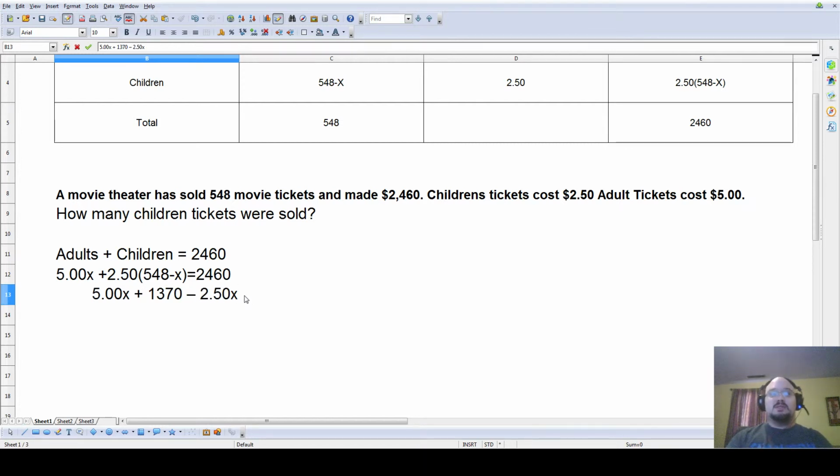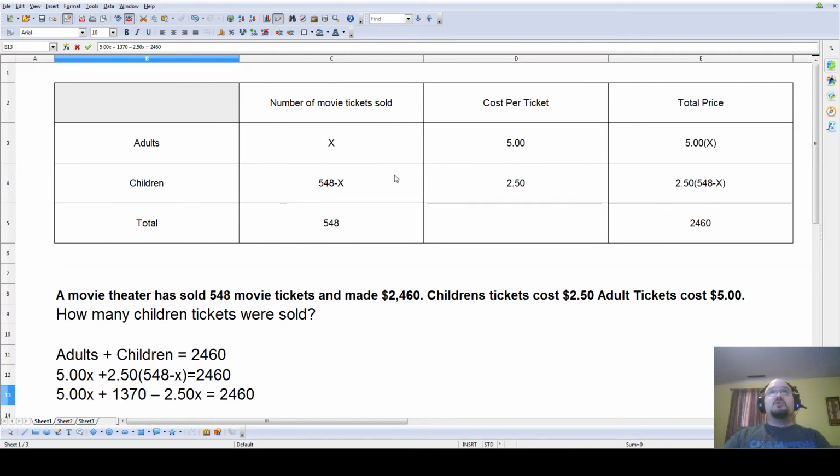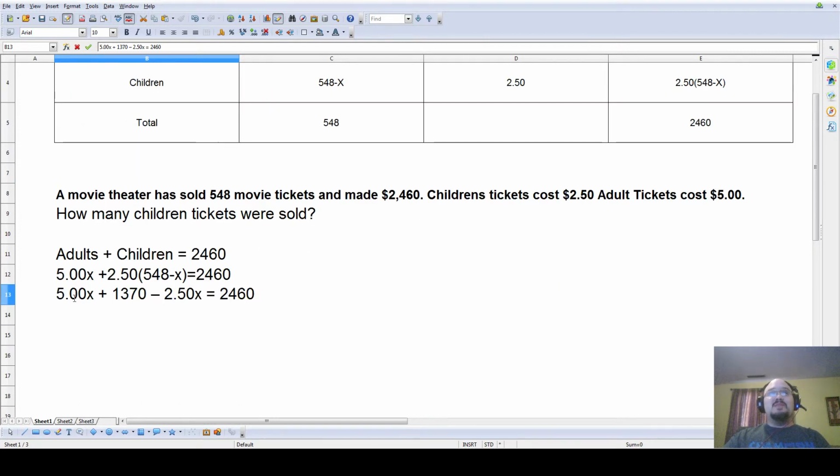Now, this is a part where a lot of students get worried because we're ending up with some negatives, but it all works out in this case. In fact, if we had done it the other way, with the children as our x value and the adults as 548 minus x, we would have found that this value here would have actually been a negative.